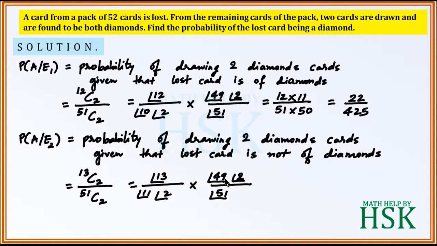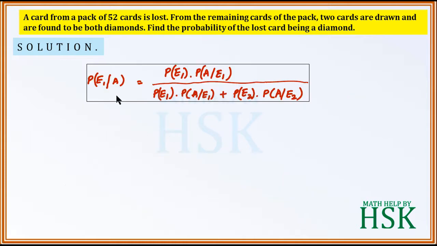This value is written reciprocal because it is dividing. The 2 factorial cancels out, and 13 factorial upon 11 factorial is 13 into 12, and 49 factorial upon 51 factorial is 51 into 50, which solves to give me 26 upon 425. So we have calculated all the values required to calculate the probability of E1 given A.